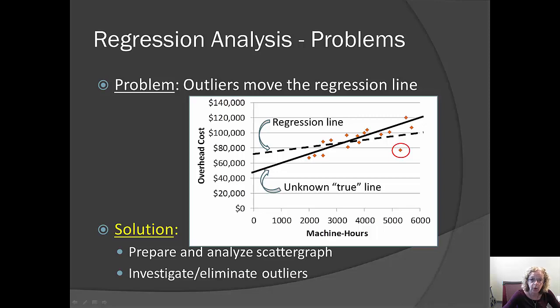In that case, we should investigate that data point and find out whether it was a typo in the database or there was some other factor going on. And if we believe that that is not a good data point, we should eliminate it from our analysis, because otherwise it will distort our understanding of the correct regression line for all of the other data points.